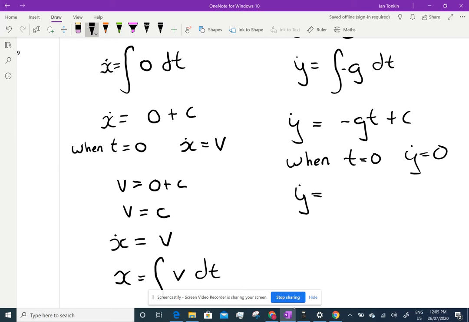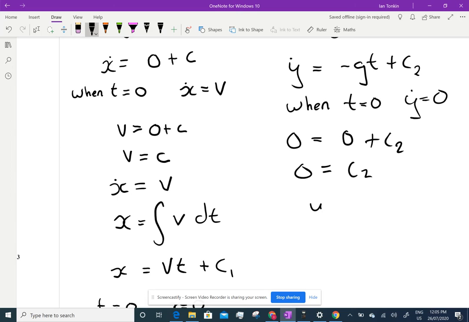Because I've already used c twice, I'm going to call that c2. I'm going to get 0 equals 0 plus c2. So my third constant, c2, is always equal to 0. So my equation for velocity in the vertical is just gravity times time.